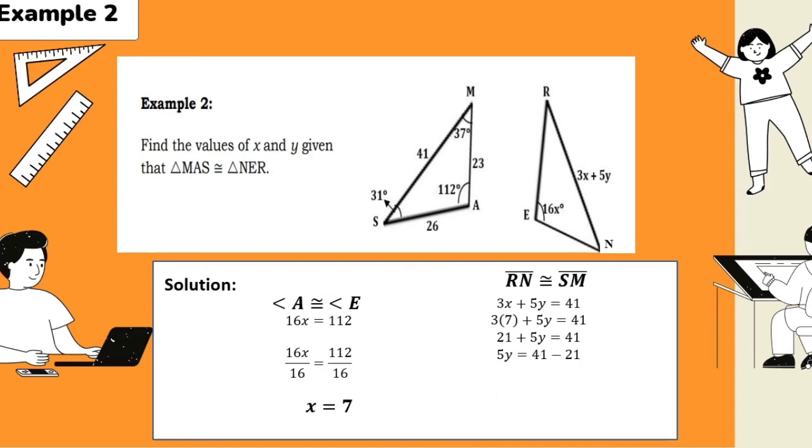By addition property of equality, we have 5y is equal to 41 minus 21, and then 5y equals 20. We divide both sides by 5. So y is equal to 4. We already have now the values of x and y, which are x is equal to 7 and y is equal to 4.